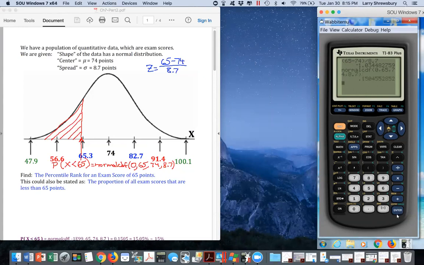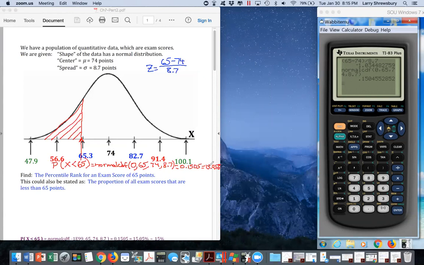And there we go. So it's about the 15th percentile, isn't it? Percentile rank of 15 is another way to say that. So that is equal to 0.1505, rounding off, 15.05%.